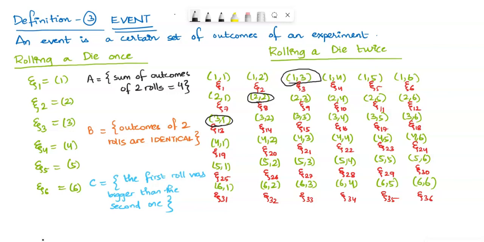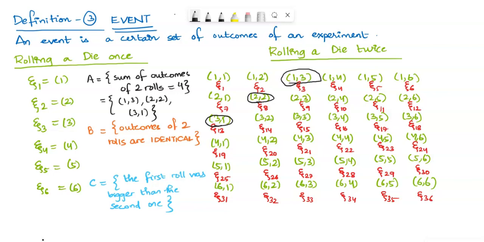These are the 3 possible outcomes. So we write 1, 3, 2, 2 and 3, 1. Yes, these are the 3 possible outcomes that satisfy this particular event.